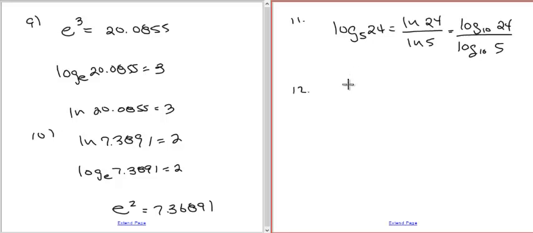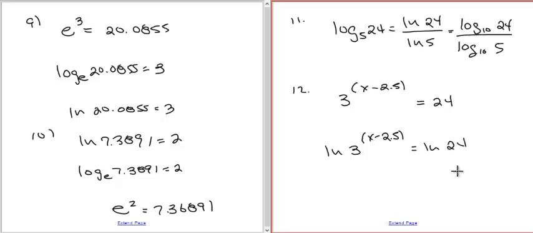Okay, now we go into solving some exponential and logarithmic equations. When you have exponential equations, you can always use the natural logarithm. You could use log base 3, but your calculator doesn't have that on it, so just stick with the natural log.